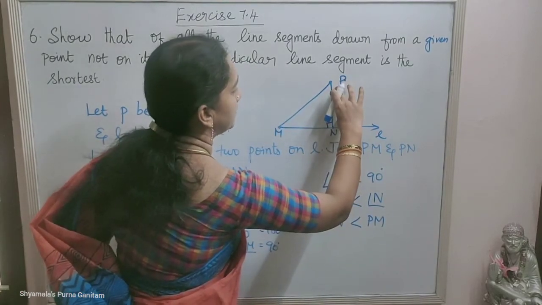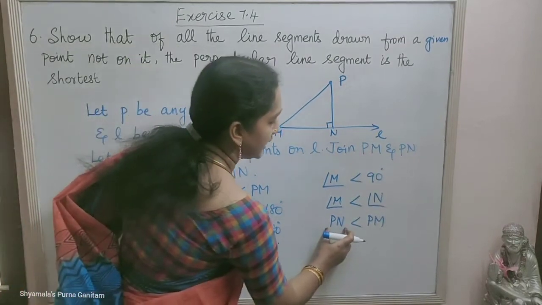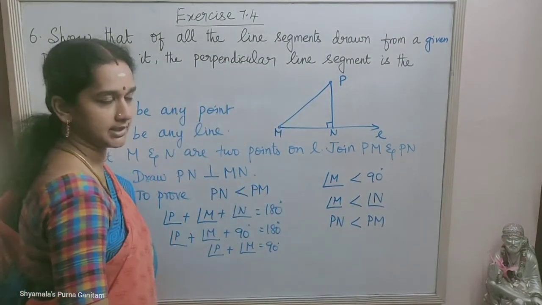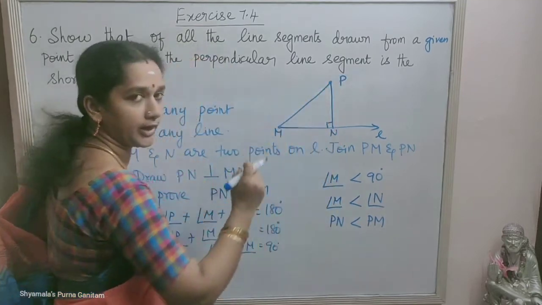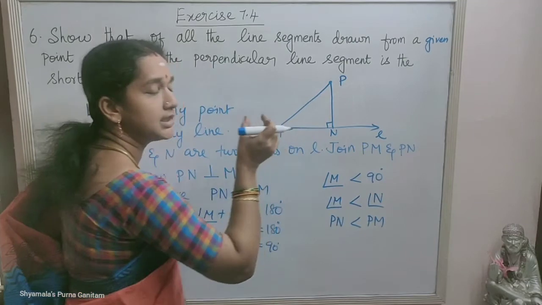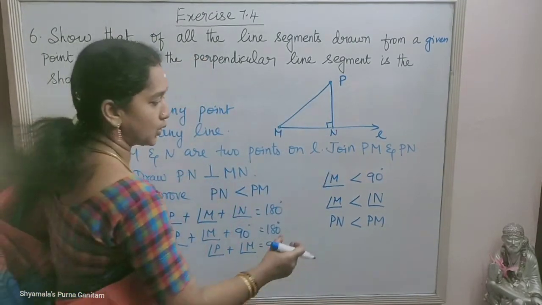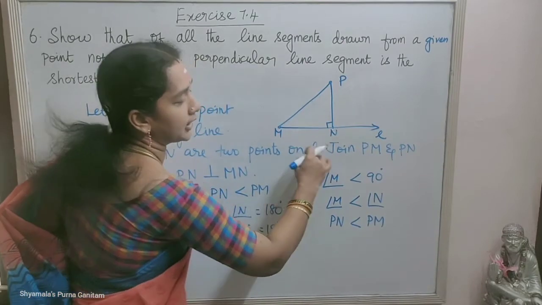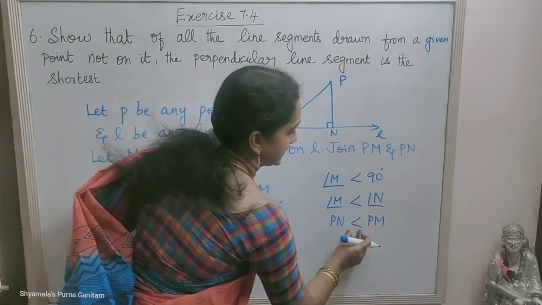So we got PN less than PM, and PN is the shortest distance.